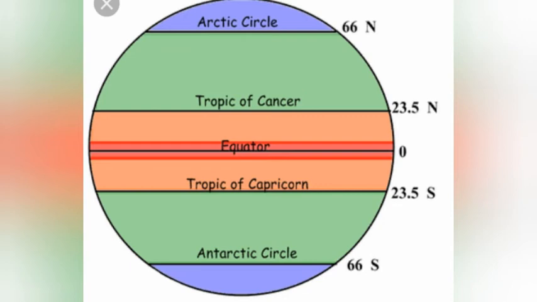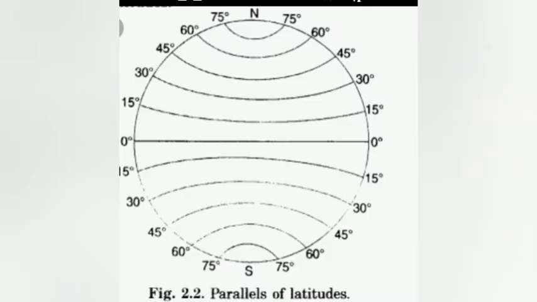The distance between the degrees of the latitude is 110.4 kilometer, which means the distance between each latitude is 110.4 kilometer. 0 latitude is called the equator. 23 and a half north latitude is called the tropic of Cancer. 23 and a half south latitude is called the tropic of Capricorn. 66 and a half north latitude is called the Arctic Circle. 66 and a half south latitude is called the Antarctic Circle.